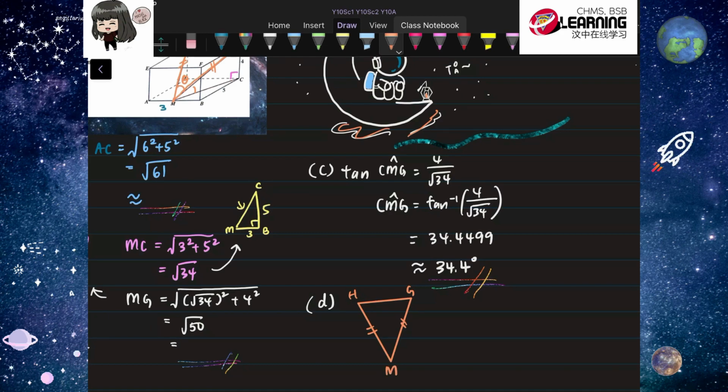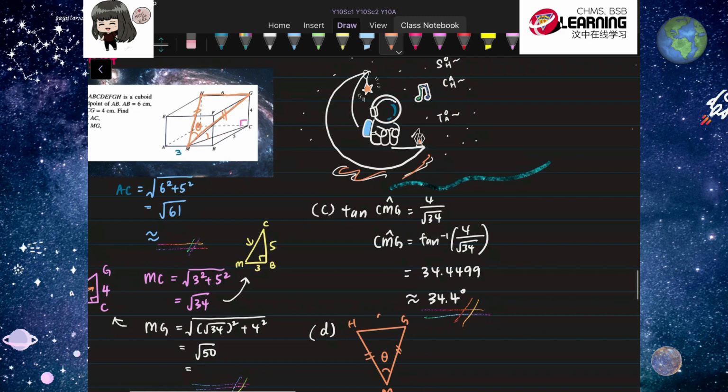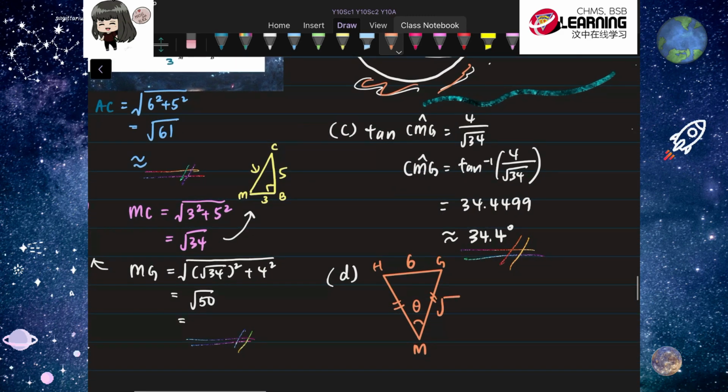And then this is my M. I'm finding this angle over here. HG is already 6. MG we also already have. This is my square root of 50. My MG is square root of 50 from here. So here is also square root of 50.